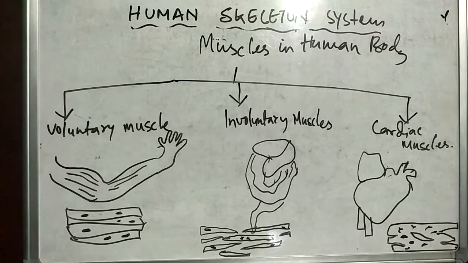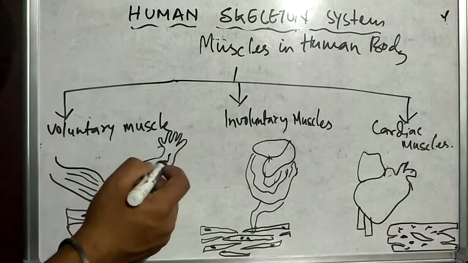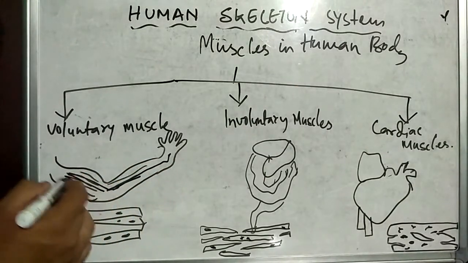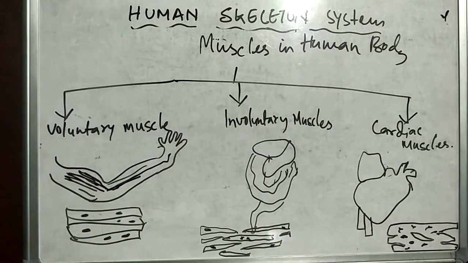Okay, now we go a little bit into the structure and functions of those particular muscles. What are voluntary muscles? Muscles which are attached to our skeleton, that means they are directly attached to the bones. That's why they are called voluntary muscles, or you can say skeletal muscles as well.